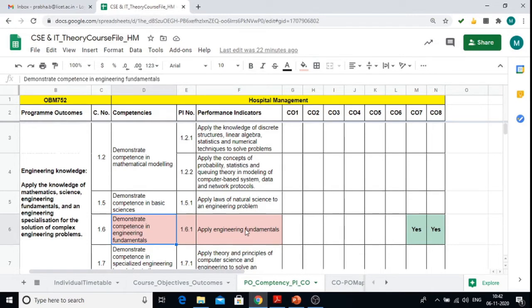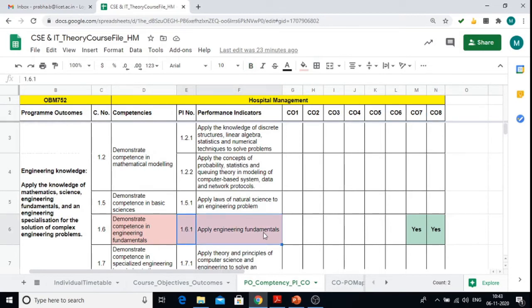For this competency and the corresponding performance indicator, my CO7 and CO8 are mapping. If the mapping is done, you have to put yes, which means there is a mapping between CO7 and CO8 for competency 1.6, which has the performance indicator 1.6.1.